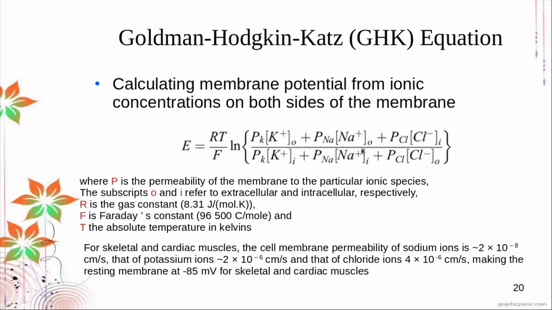When we talk about permeabilities, that's because the membrane is quite leaky. When we say leaky, there are channels in the membranes that spontaneously open and allow the ions to pass through. The permeability here means the probability, the likelihood or the chance that a potassium ion that is outside will permeate to the inside of the cell.